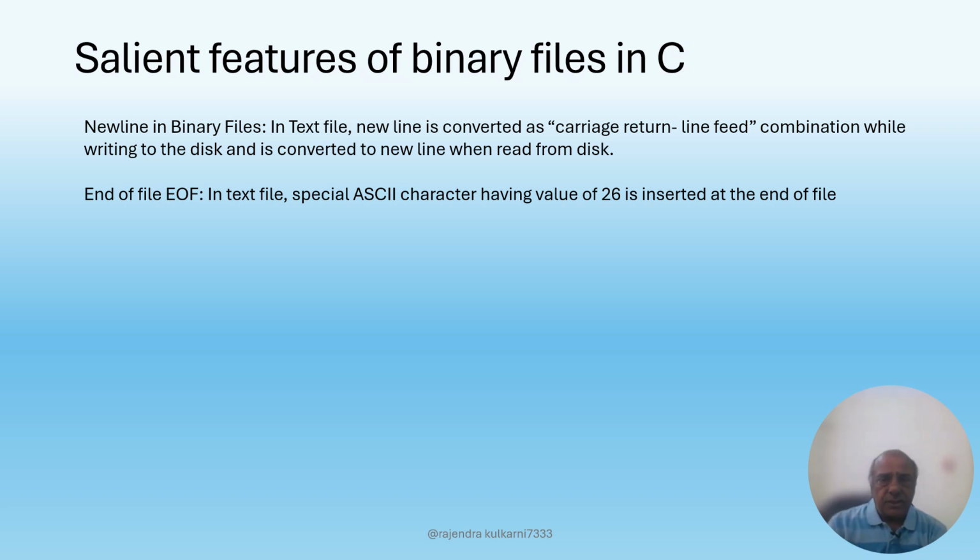In a text file, end of file is denoted by a character having an ASCII value of 26, which is inserted at the end of the file by the compiler itself. So when we want to read a file, we run a loop which tests whether the EOF, or end of file, has been reached. When the end of file is reached, the loop through which we are reading the file will terminate.